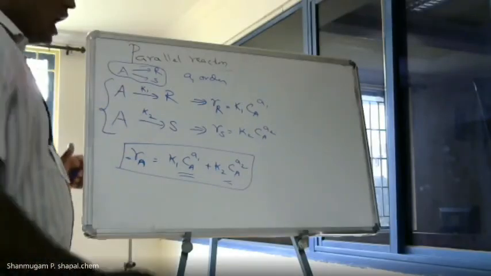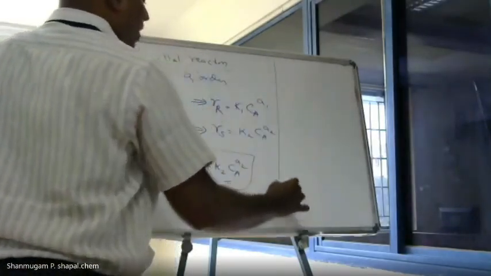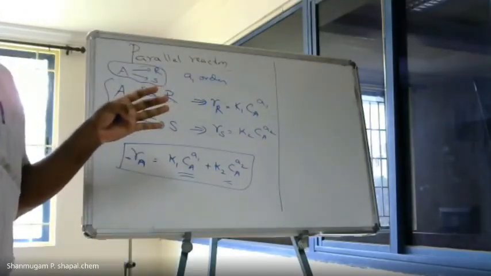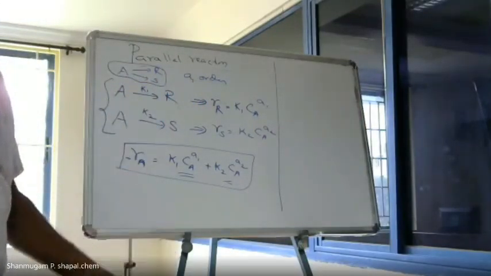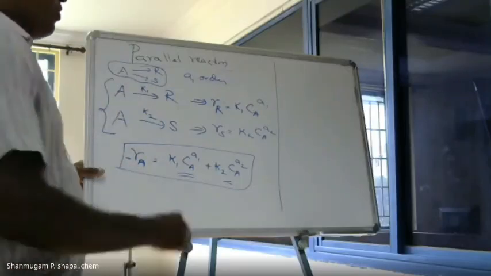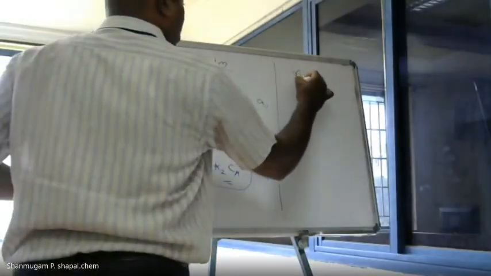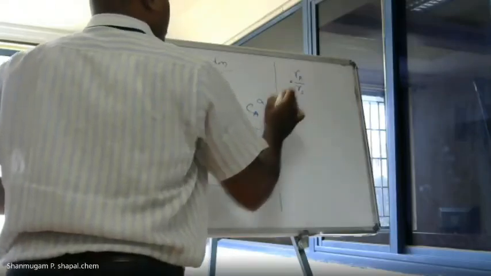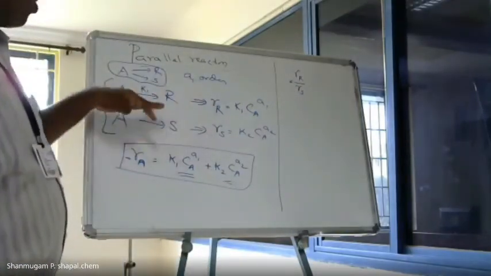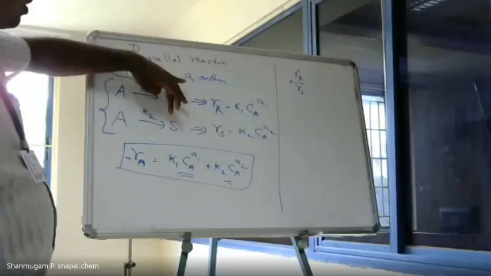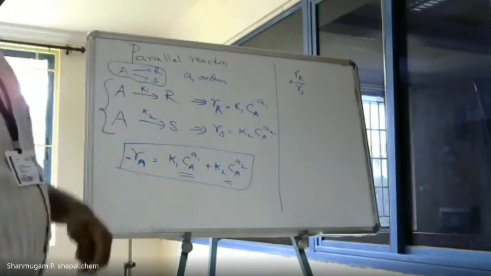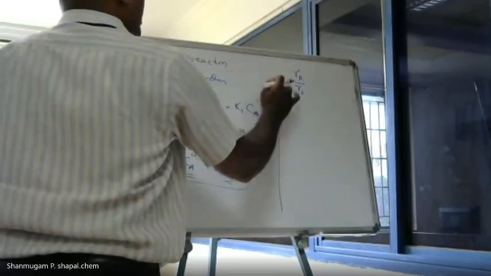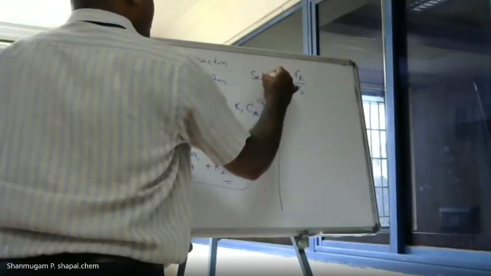Now we are going to see how the desired product can be enhanced in this particular mechanism. If you take the ratio of the rate of R formed and the rate of S formed, this is called the selectivity.